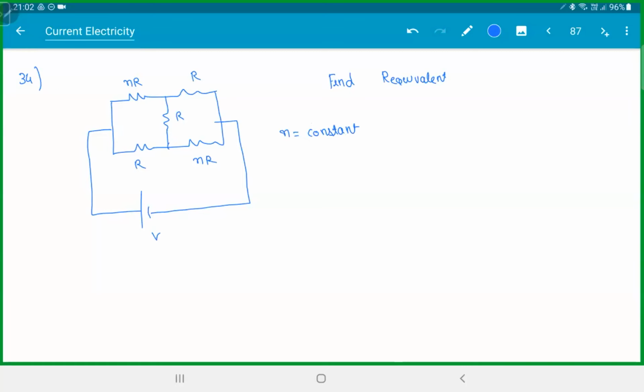Hope you remember the junction law. Start with any one point as 0 voltage. Find the voltage of the remaining points.